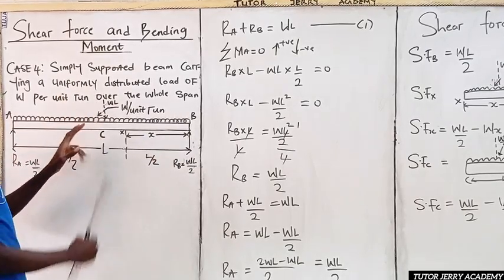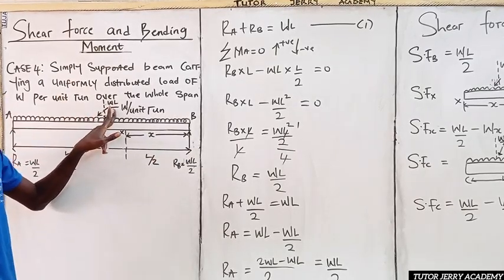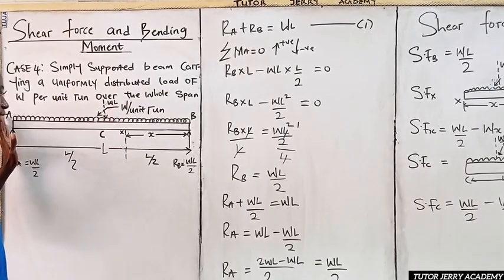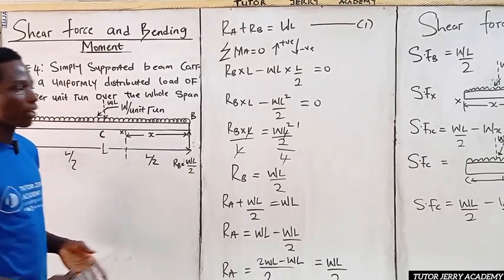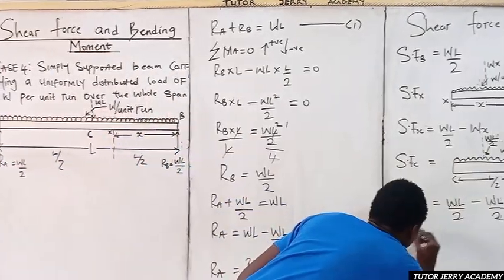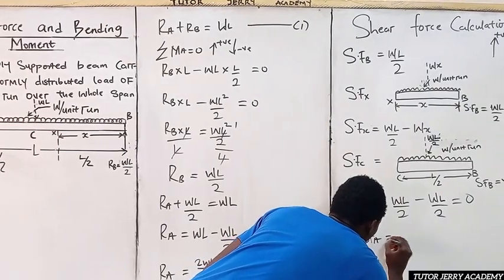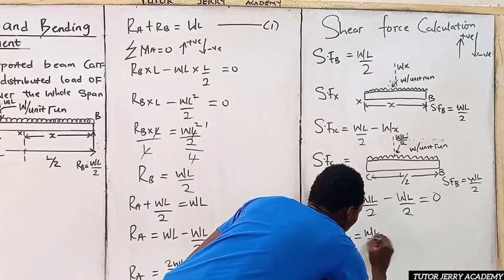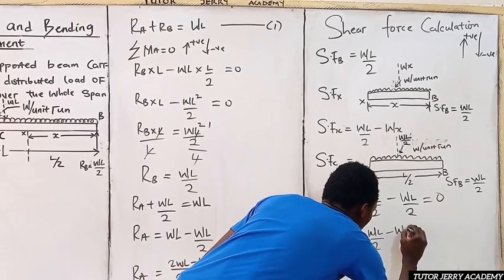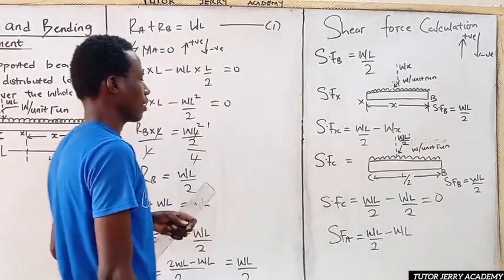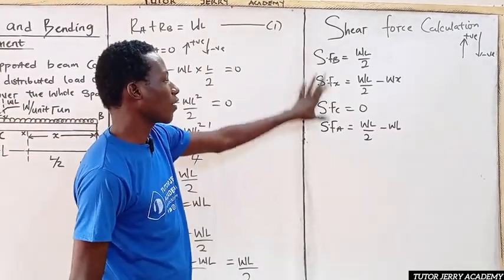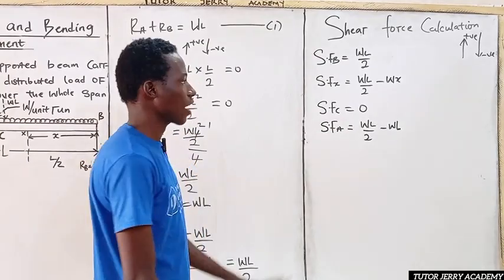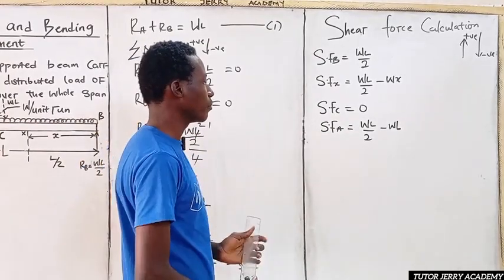We have already converted it to point load, and it's nothing but WL. So the shear force at A will be equal to WL all over 2 minus WL. So these are our values for our shear force at all points on this beam.